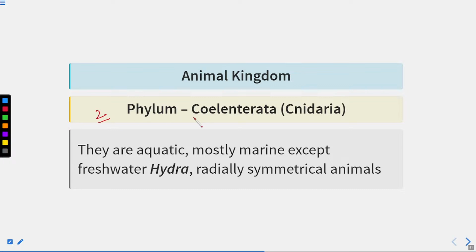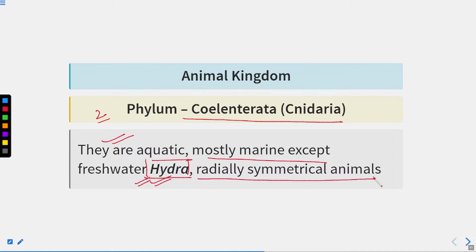Next phylum is the Coelenterata or Cnidaria. They are aquatic, mostly marine except freshwater hydra. So all the organisms that belong to this phylum are exclusively marine, but a single individual, that is hydra, is freshwater.